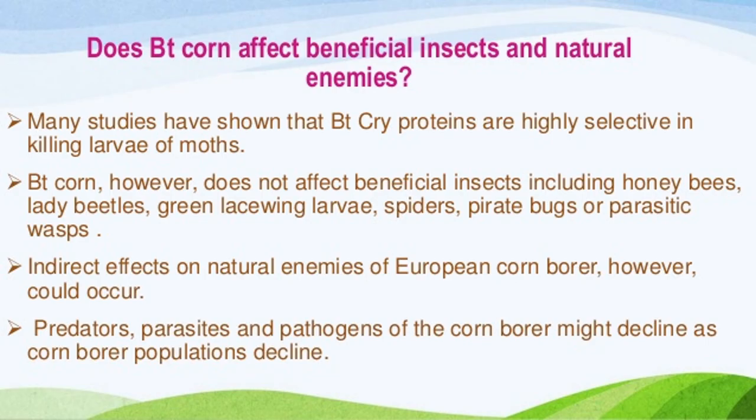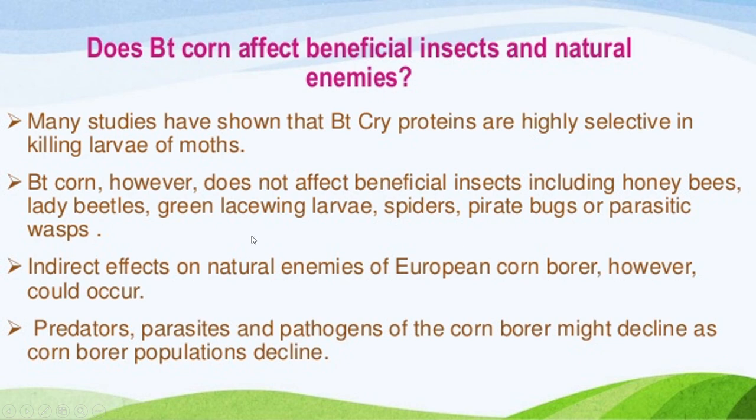So there is a question: does BT corn affect beneficial insects and natural enemies? Many studies have shown that BT Cry toxins are highly selective in killing larvae of moths. As I told, these toxins are highly selective. BT corn, however, doesn't affect beneficial insects including honeybees, lady beetles, green lacewing larvae, spiders, pirate bugs, or parasitic wasps.